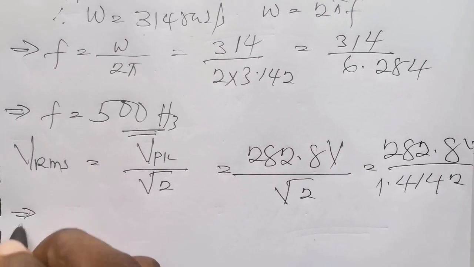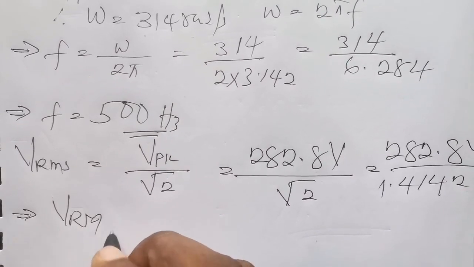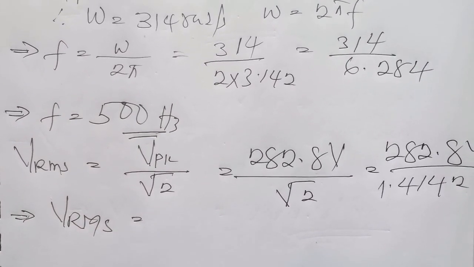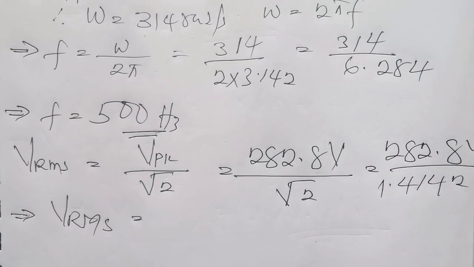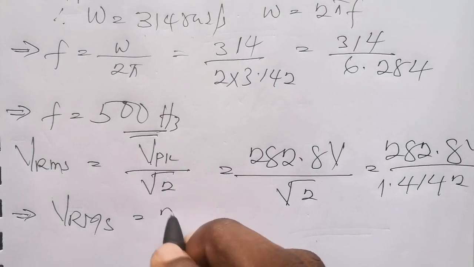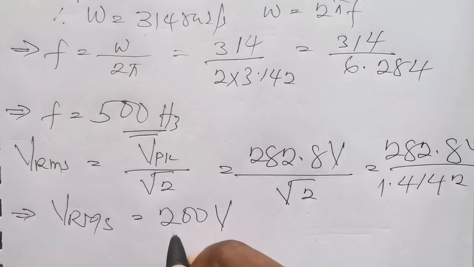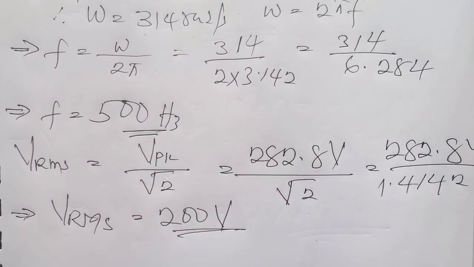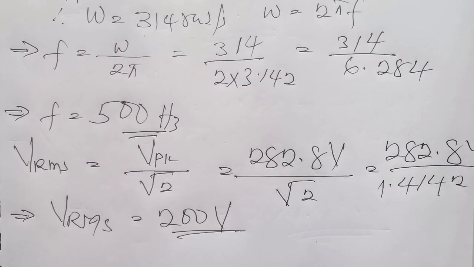So our root mean square voltage is equal to 282.8 divided by that answer, and that gives us approximately 200 volts. So this becomes our root mean square voltage.